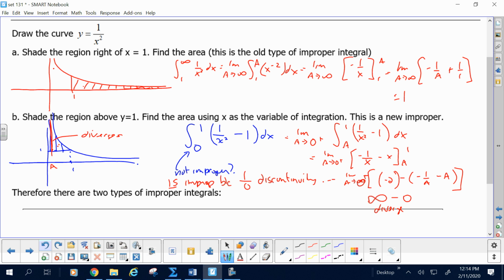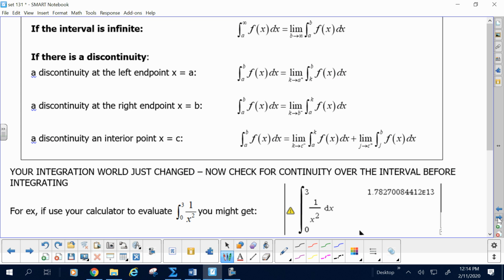All right, now then, there are two types of improper integrals. The one we've already talked about is when it's totally obvious you've got some funny business going on: there's an infinite limit there. The less obvious kind is when it looks normal, you've got a number and a number, but if you think about the continuity, for example, if you went from A to B, but there was an asymptote at the left endpoint A, then you'd have to do a limit as some number approached A from above.